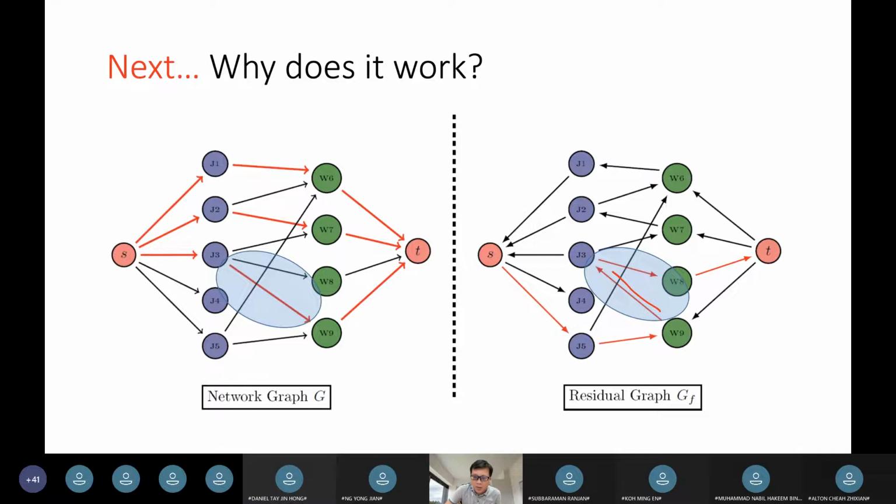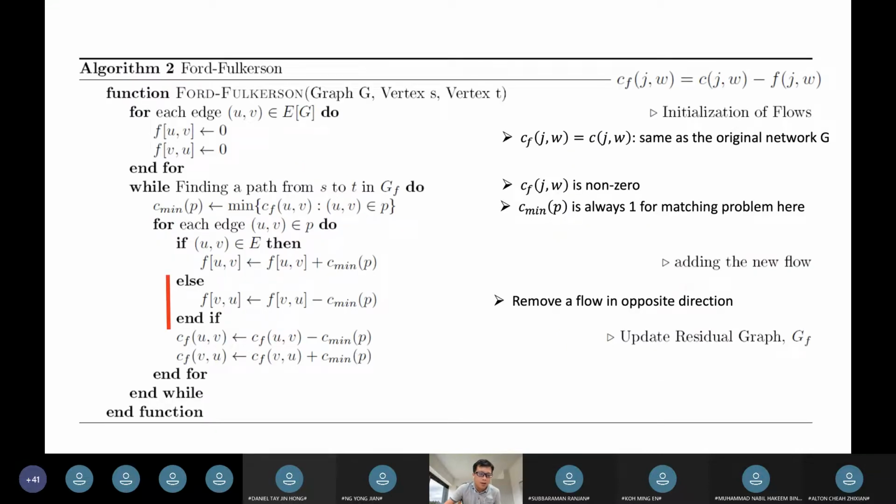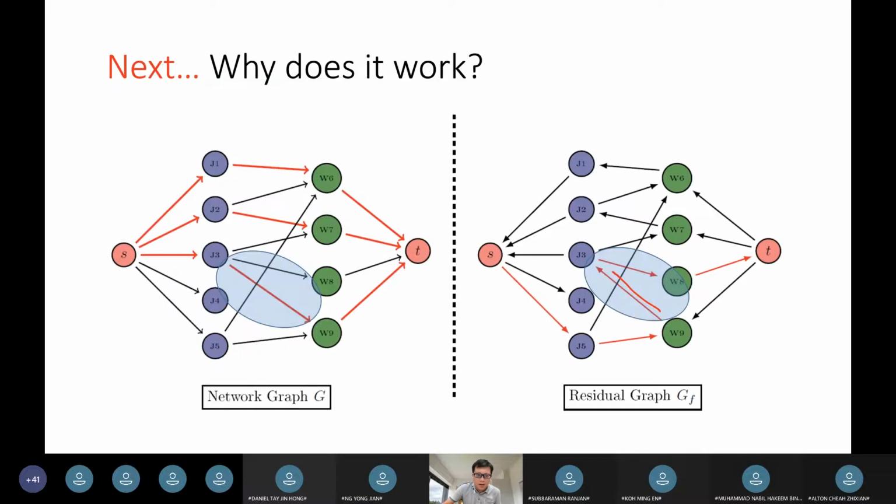And also, for example, J3 to W8. Okay, so how do we do that? So you look at it, because when we do the updating, we had a checking. We check if UV is in the original graph, then we do that. But if not in the original graph, right? So that is the case.